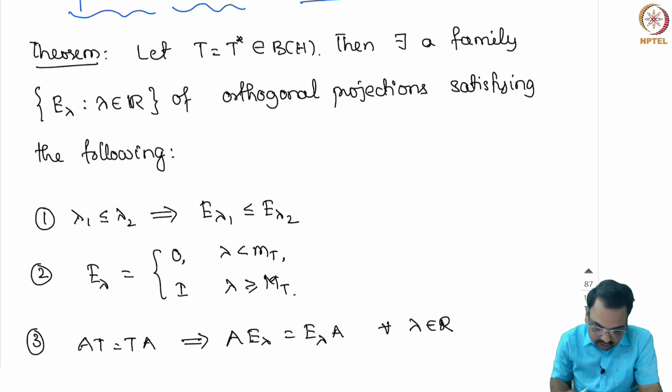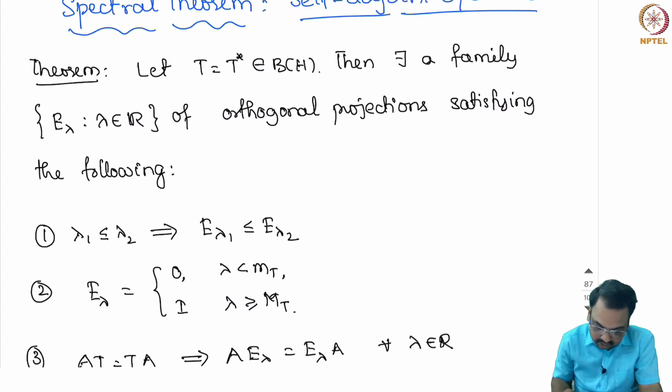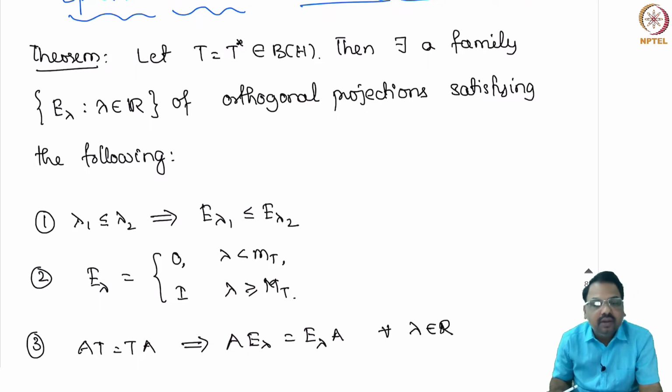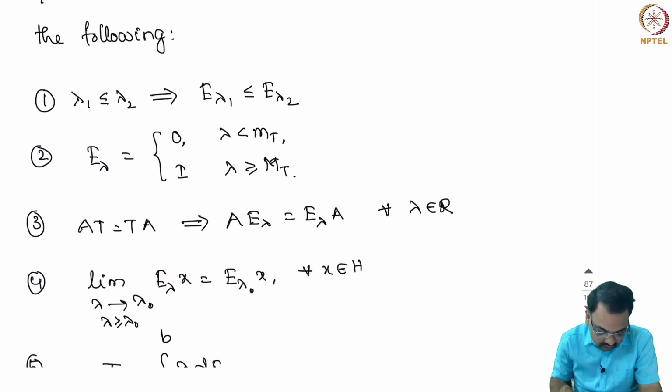This is called the spectral theorem for self-adjoint operators. And we have already seen there exists a family of projections satisfying 1, 2 and 3.